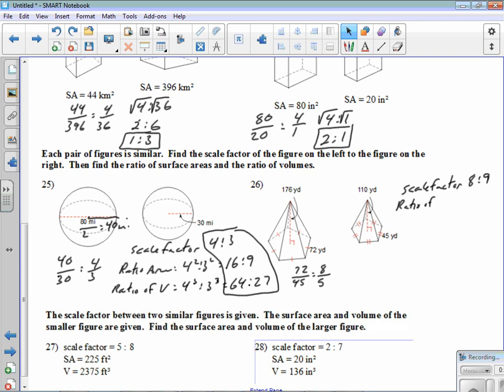Ratio of area, we're going to square that, so 8 squared to 9 squared. So it'll be 64 to 81. Ratio of volume, we cube it, so 8 to 9, and we cube those, 8 cubed to 9 cubed.